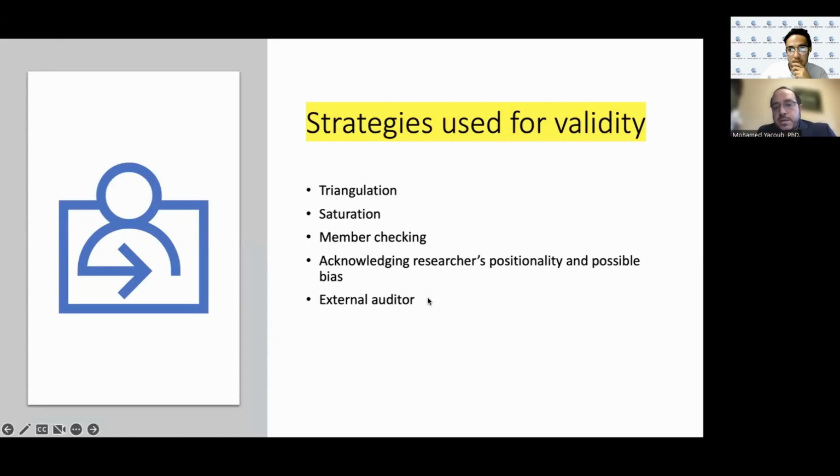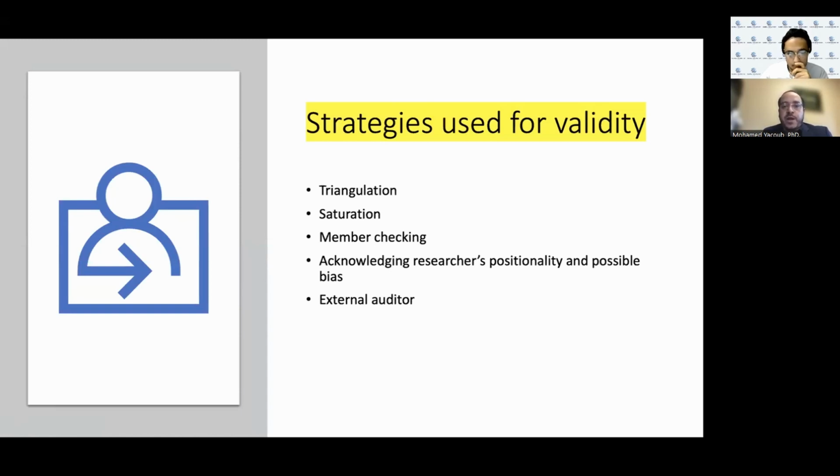And then another strategy is acknowledging your own positionality and bias. What is positionality? What is bias? It is your own background that can come into play when it comes to analyzing the data. You say, okay, I'm a medical doctor and I'm doing research on medical doctors.